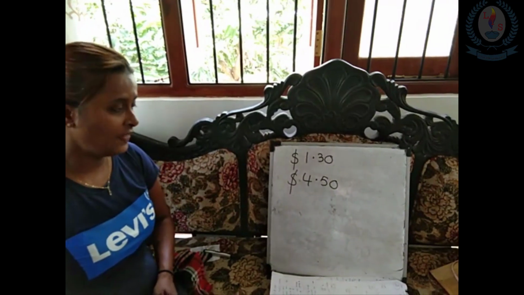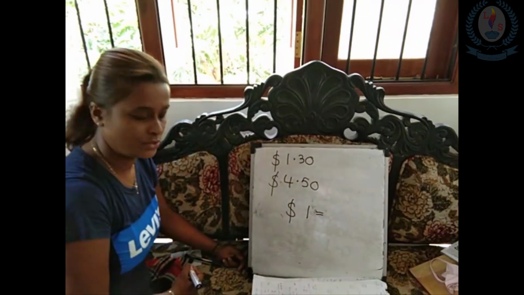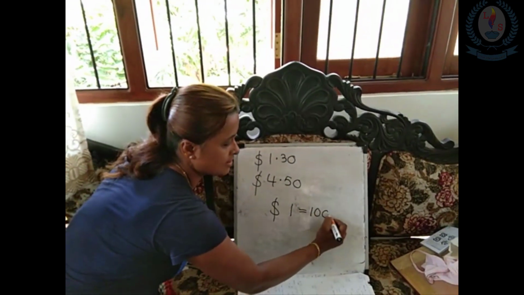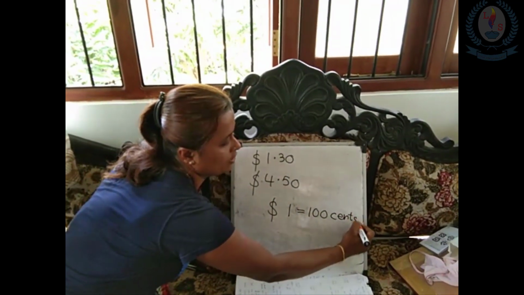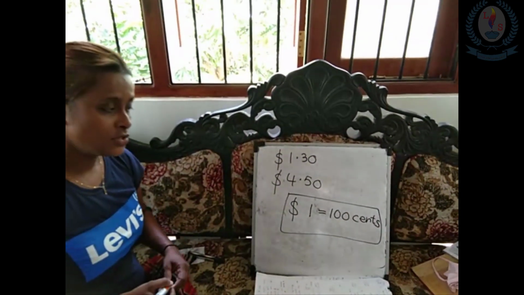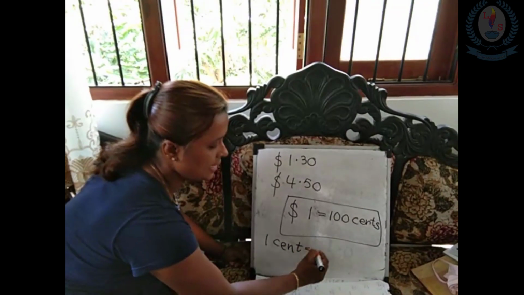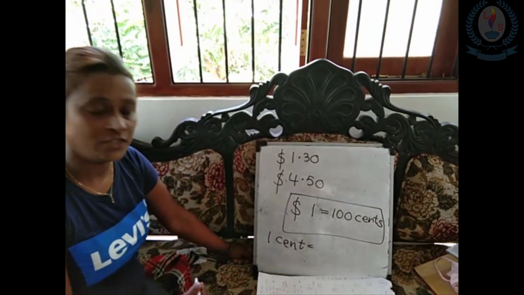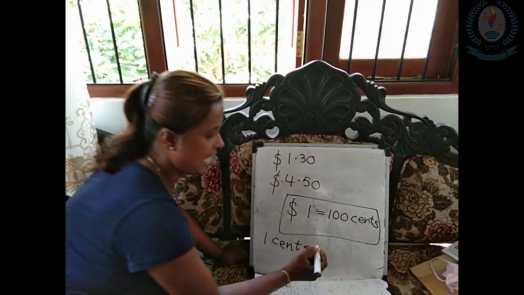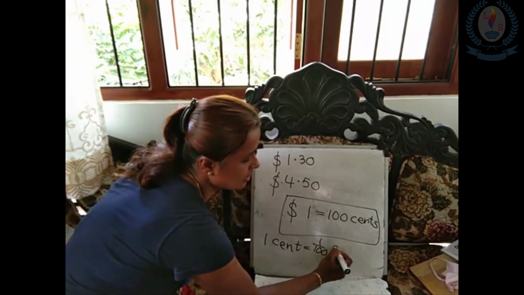And we know that $1 is equal to 100 cents. So we can say 1 cent is 1 hundredth of a dollar.